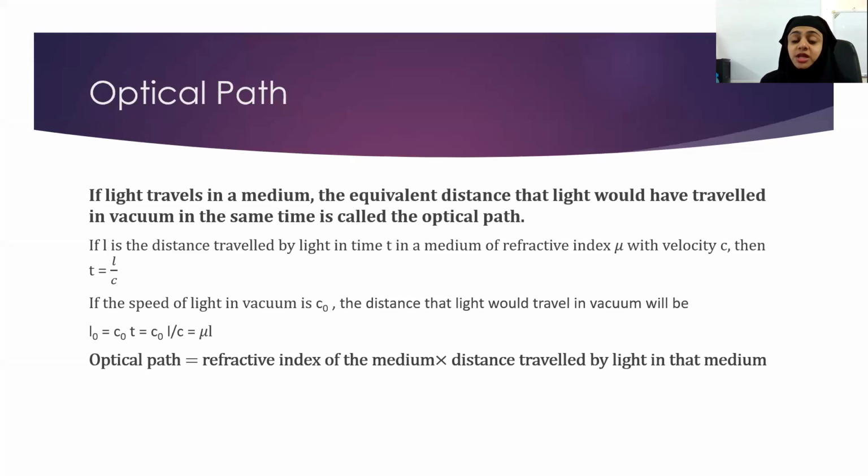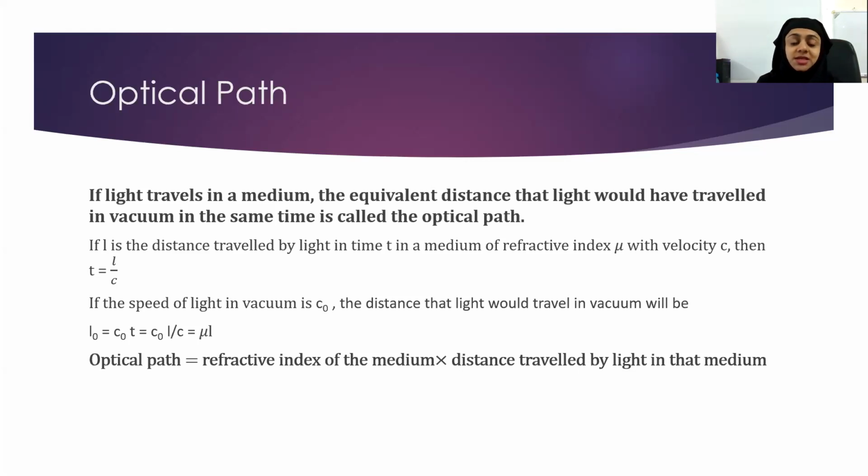Can you tell me the equation to find optical path? Refractive index of the medium multiplied by distance traveled by the light in that medium. Okay. So you will usually be given the distance traveled by light in a particular medium. But whenever you are using the laws of geometrical optics, you have to consider the optical path.